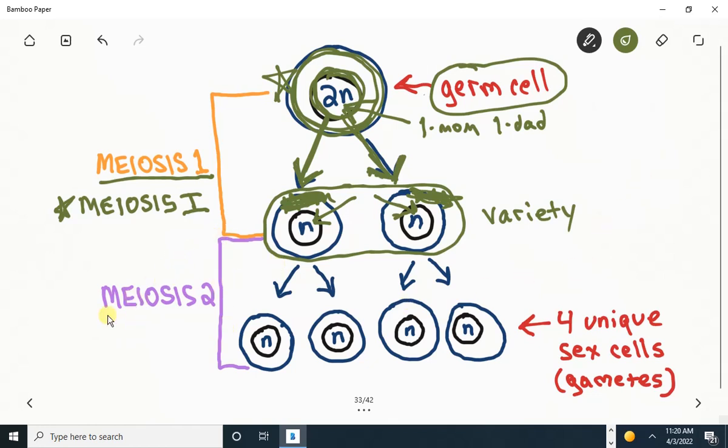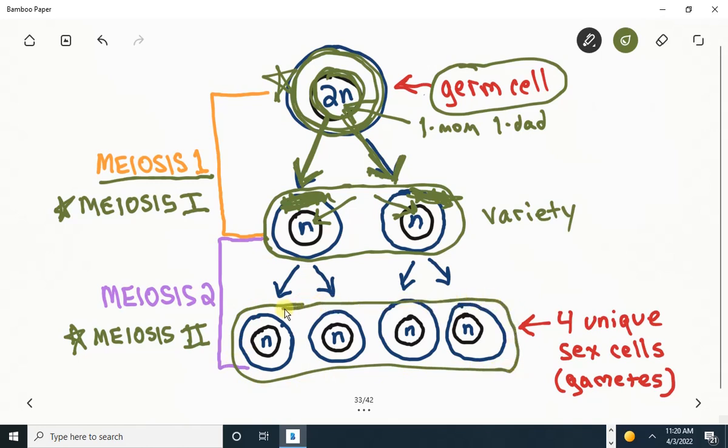Then in meiosis 2, which is also technically written with a Roman numeral 2 after it, which would be a double I, meiosis 2. That's going to start with these two haploid cells that we made, and we're going to end up with four unique sex cells, the gametes.